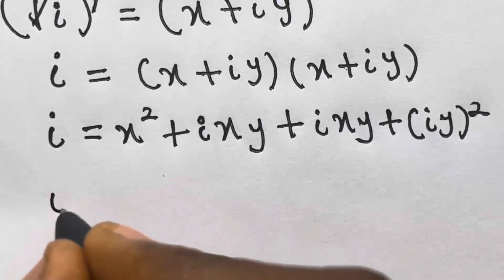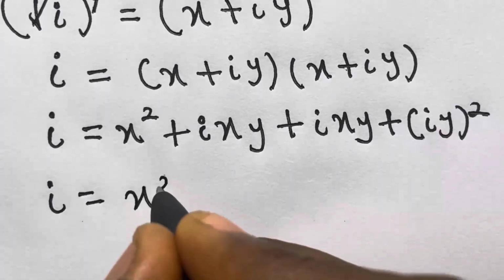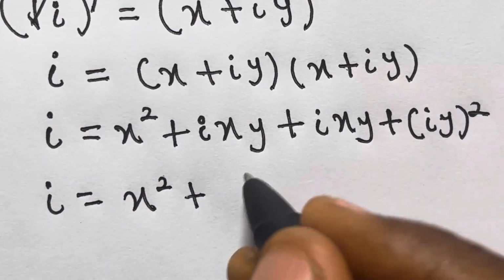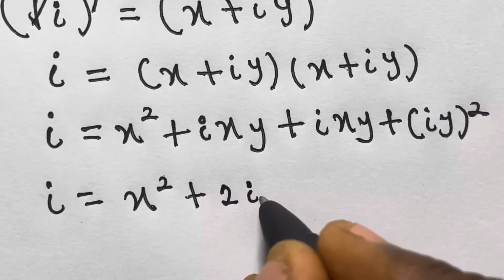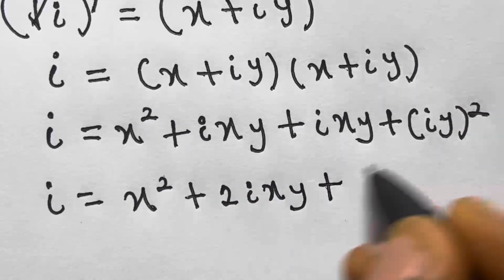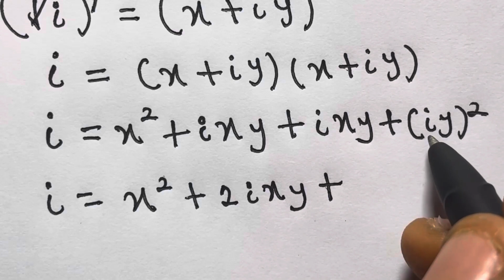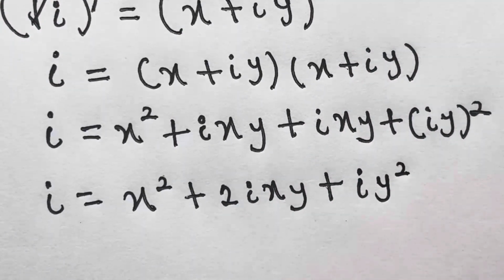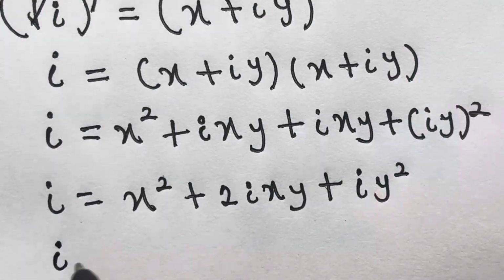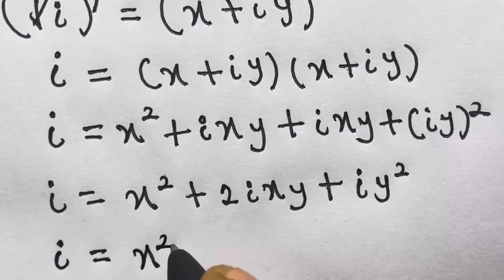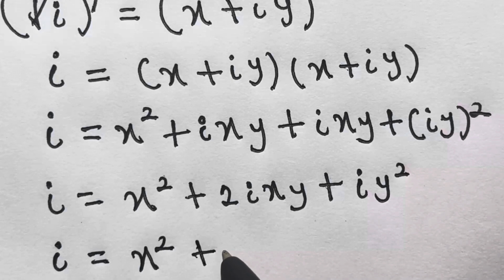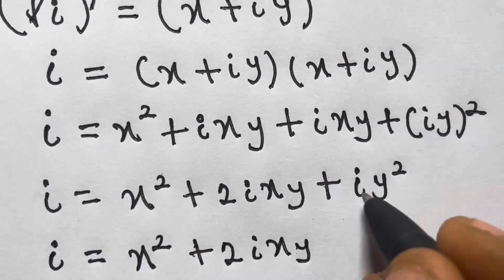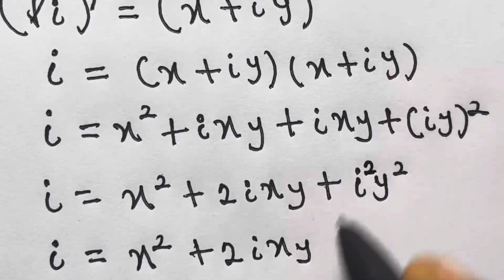So here we will have i equals x squared plus ixy plus ixy will give us 2ixy, plus this, we distribute this square to both i and y. We'll have i squared and y squared.